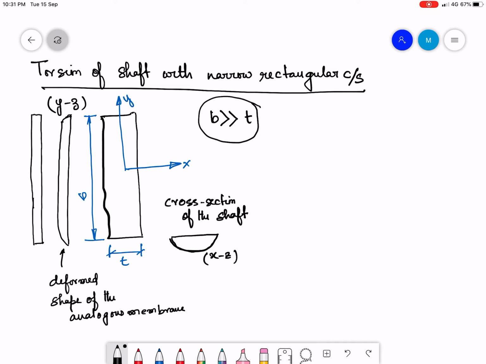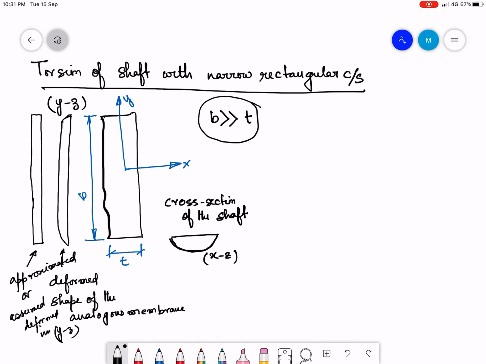This is the approximated, or assumed, deformed shape in the YZ plane.